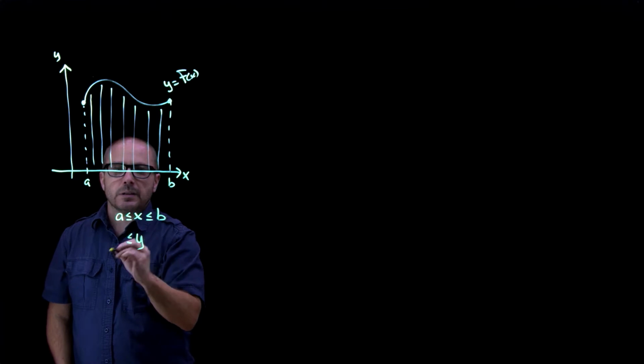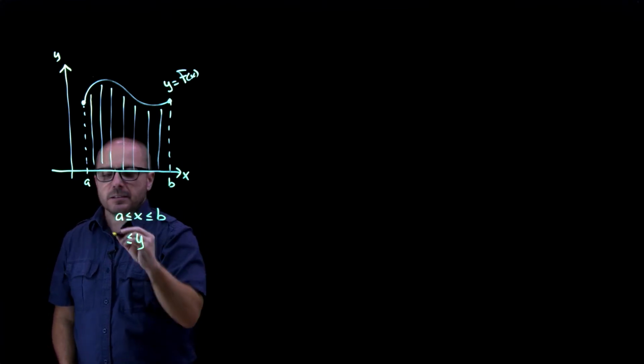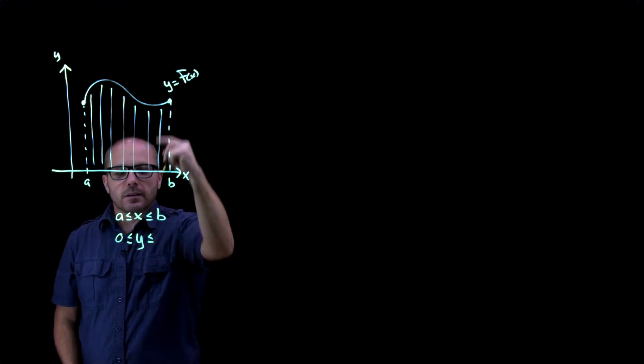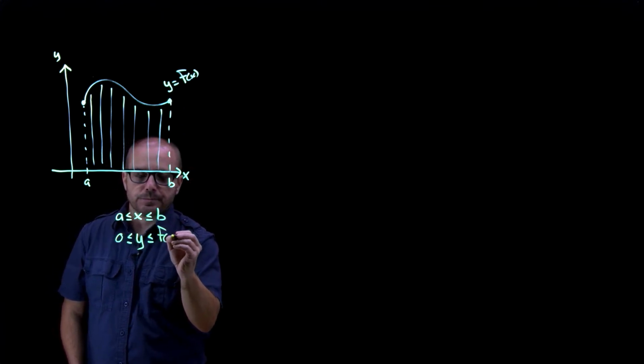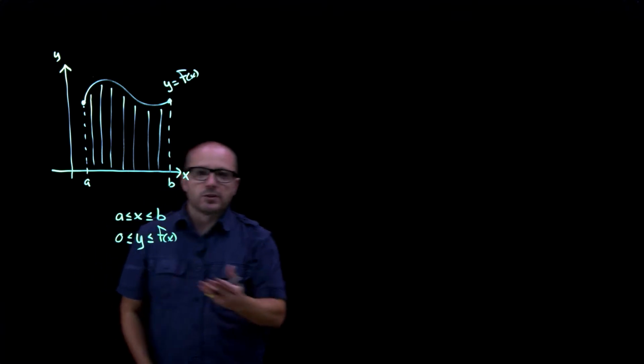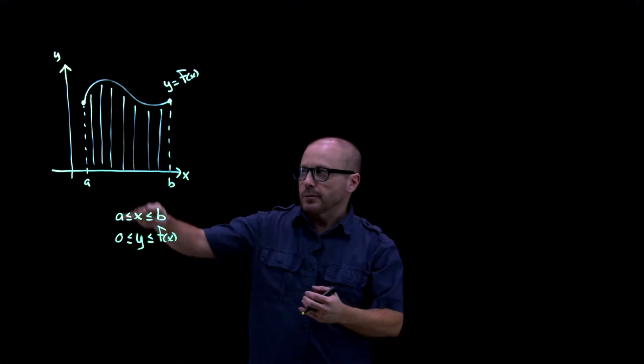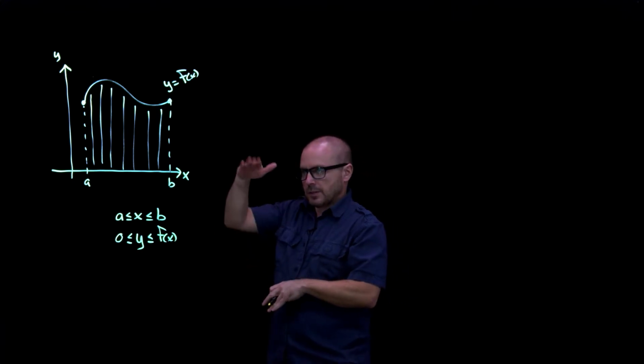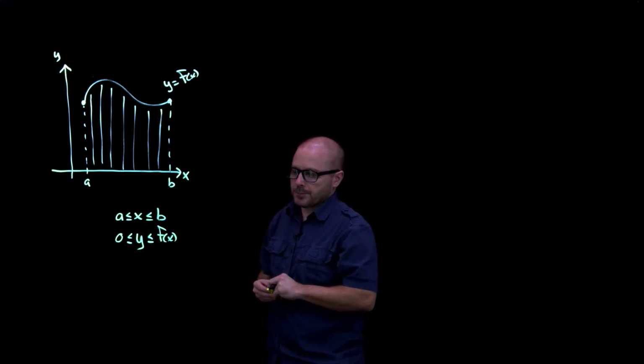Y is between the x-axis, which is y equals 0, and the curve y equal f of x. And we generalized this where these were both curves, right? We looked at the area between two curves. That didn't change much. It changed what the heights of our rectangles were.